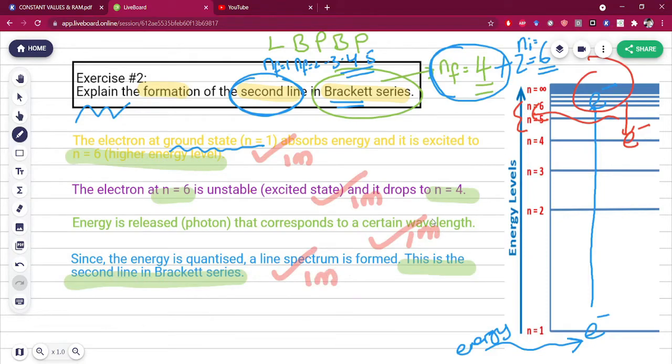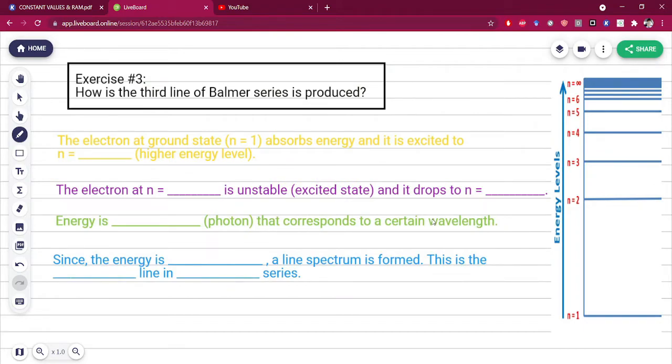Okay, last one. Exercise number 3. Now you get the idea that every single time the question wants you to explain how a line spectrum is produced, or describe how the fourth line in Paschen series or the second line in Balmer series is produced, this is the standard answering format that you can follow.